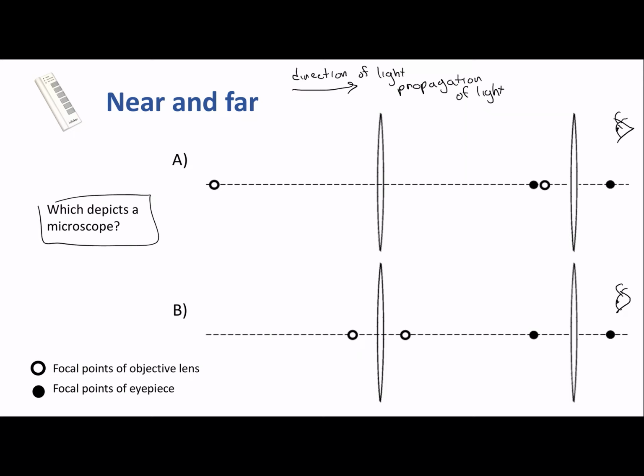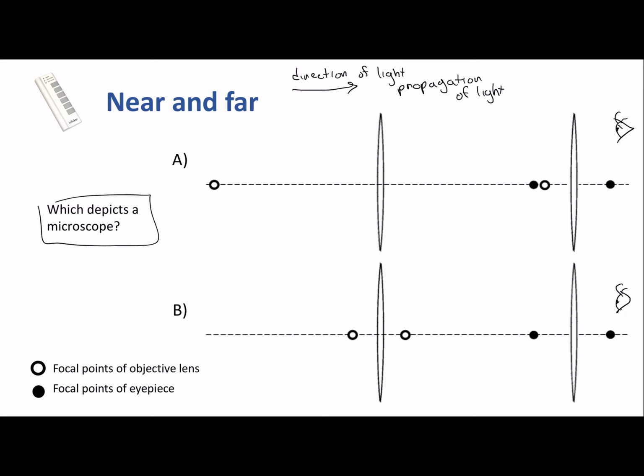Well, let's see what we can say. Let's look at A for a second. So here's the thing. We know that the eyepiece in both devices needs to function like a magnifying glass. And we've already determined the object of that magnifying glass needs to be around the focal point, just inside the focal point of the converging lens.